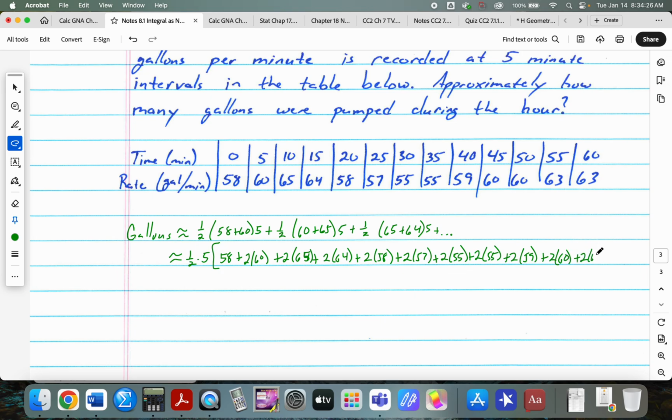Plus 2 times 60. Plus 2 times 63. And then when we get to the end, we only use that 63 once, right? Because it's only in the last trapezoid. It's not in the previous one. This is what many textbooks call the trapezoidal rule. And it only works when you have equal width subdivisions. But it's kind of nice.